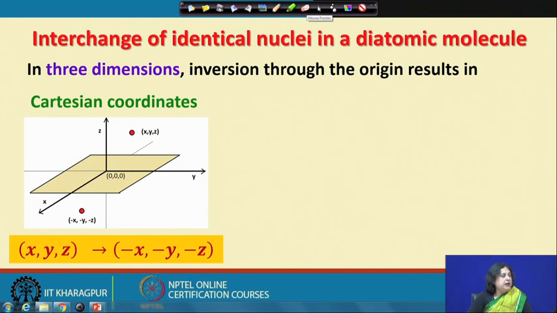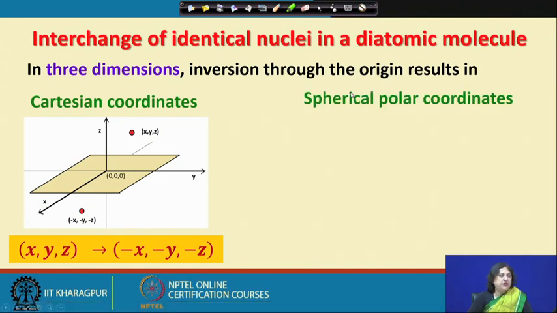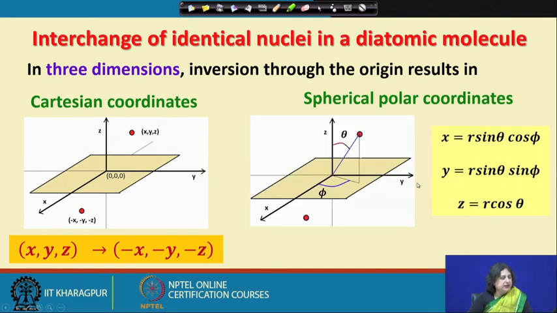Now, if I introduce here the spherical polar coordinates and define them as x is r sin theta cos phi, y is r sin theta sin phi and z is r cos theta, where I have taken the same point having the coordinates x, y, z and I define its radial distance from the origin as r.